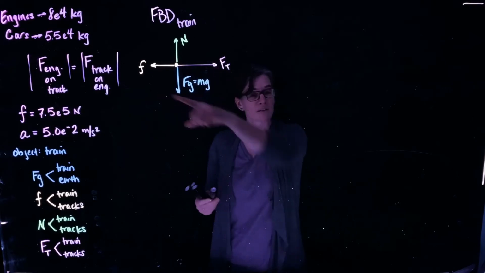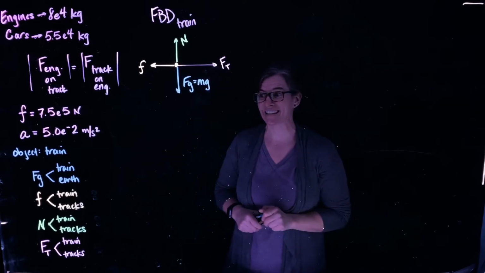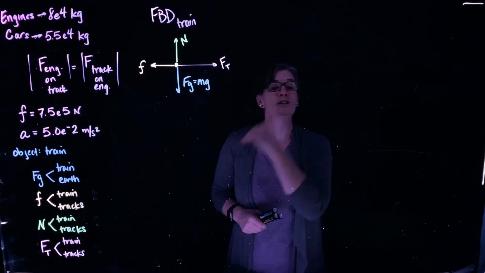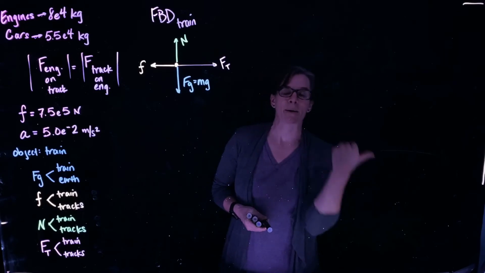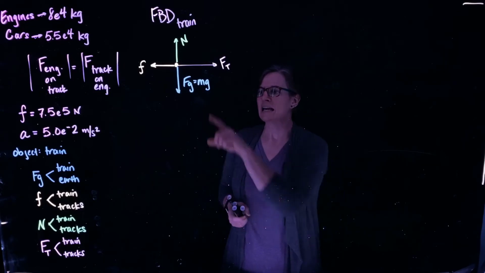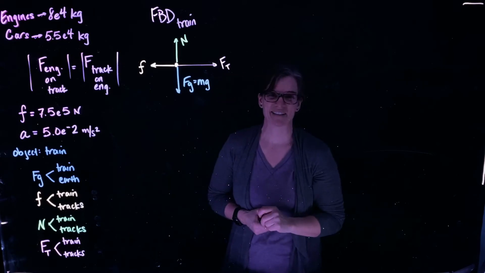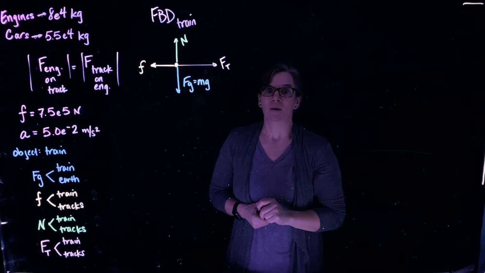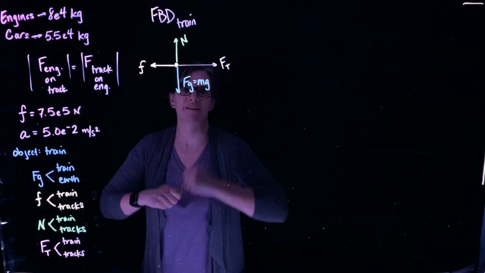I've drawn it bigger than the force of friction. Why? Well, we know that the train is accelerating along the tracks. So if my motion is to the right in this case, that acceleration means that the net force is to the right. Okay, so those are our forces. Now let's do our force analysis. So we're going to number our forces.